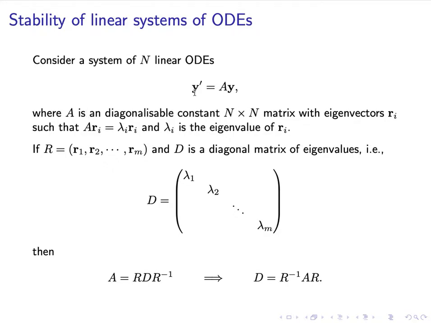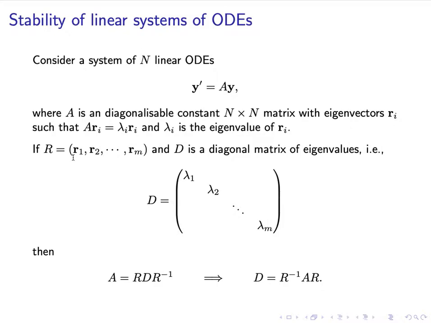So we have n equations in our system, so our matrix A would be a square n by n matrix. And these have eigenvectors R_i, and the definition of an eigenvector means the matrix A times the eigenvector R_i is equal to some eigenvalue lambda_i times the eigenvector R_i. So this is the straightforward textbook definition of an eigenvector and eigenvalue.